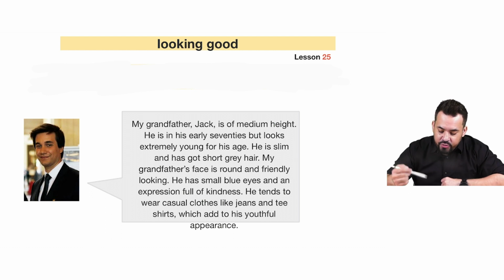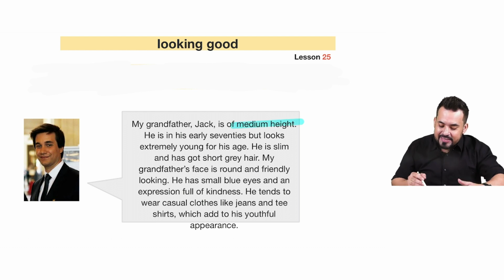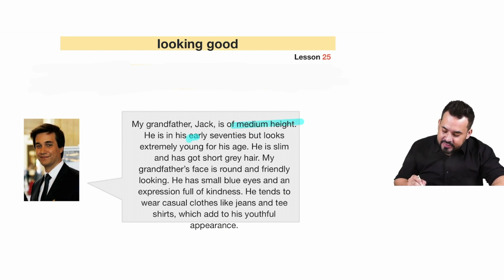My grandfather, Jack, is of medium height. He is in his early 70s, but he looks extremely young for his age. He is slim and he has got short gray hair.